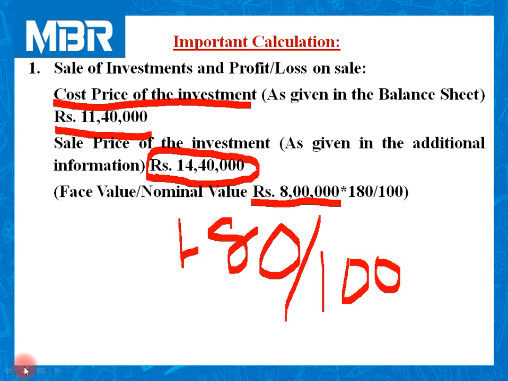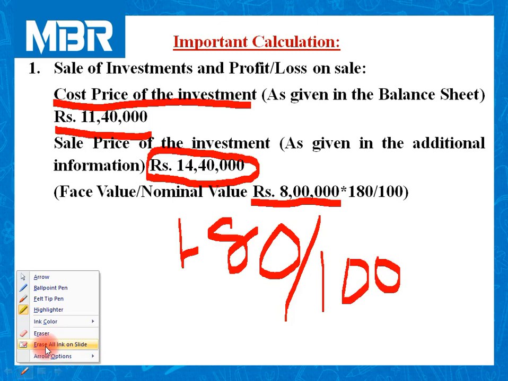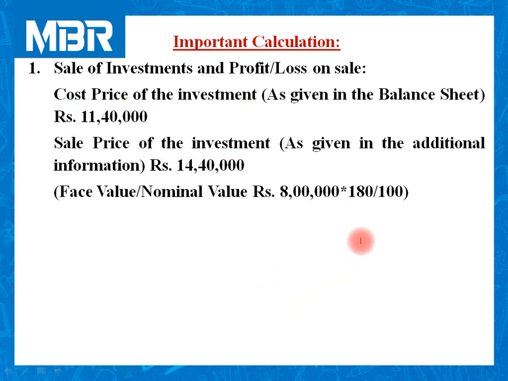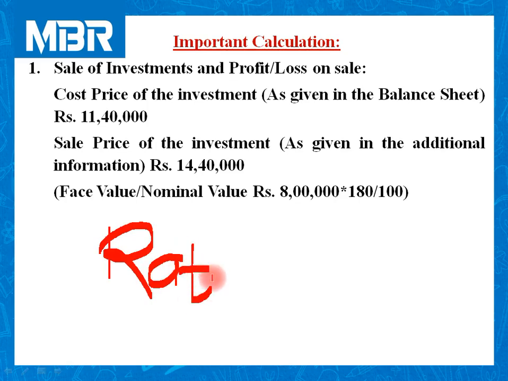It means if the face value of the security is 100, the market value of this security is 180 rupees. Here 180 is not a sale price. It is given as a rate. It is a different terminology used by the examiner.